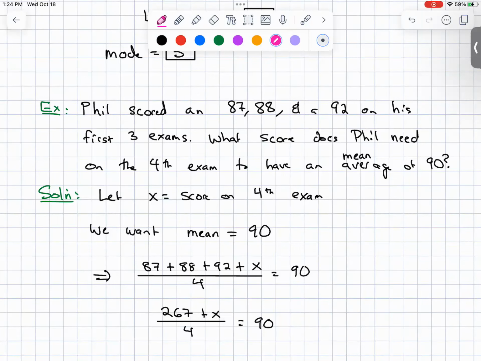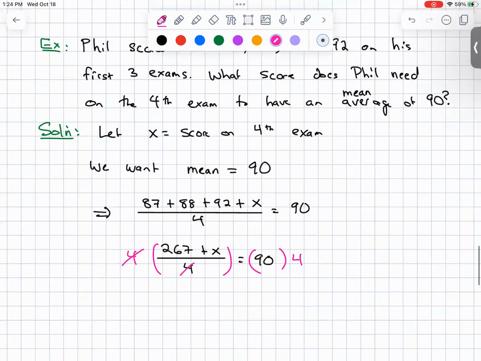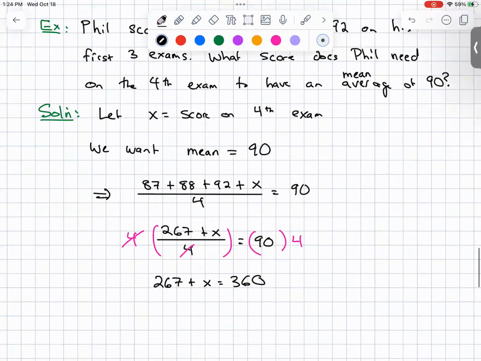What I would recommend is to multiply both sides by 4. Granted, you could also cross multiply because you can rewrite 90 as 90 over 1, but it's going to end up doing the same thing. That multiplication by 4 cancels the 4 in the denominator on the left. Let's be particular about our verbiage. And we get 267 plus X is equal to 360. Now we've got a linear equation that we've seen before.